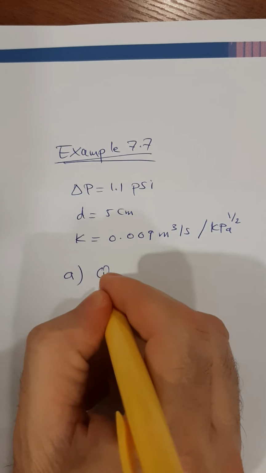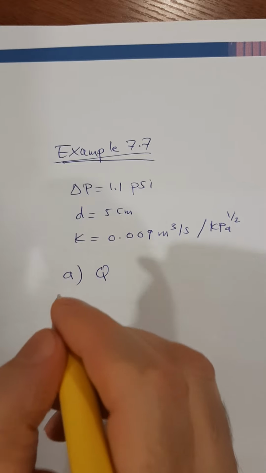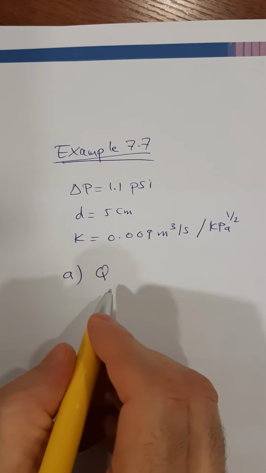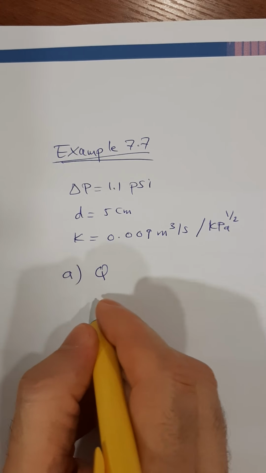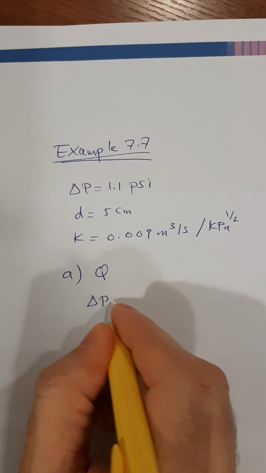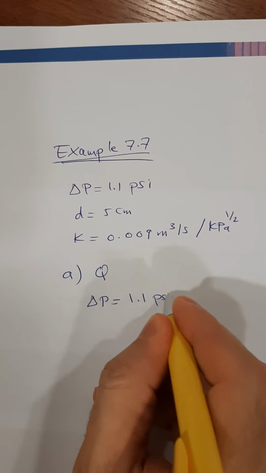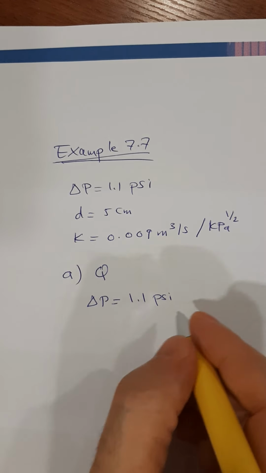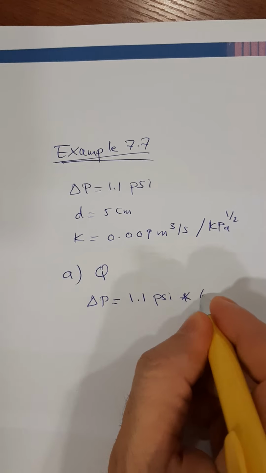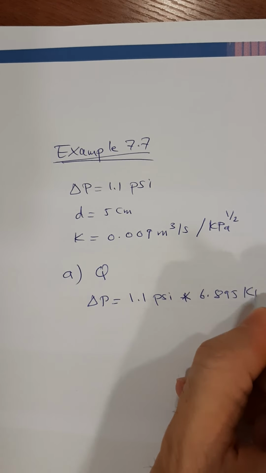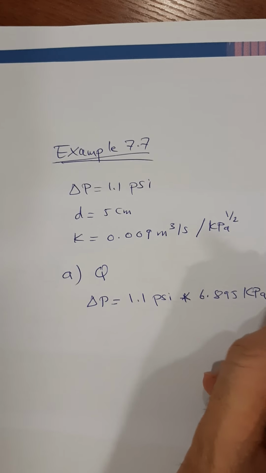So we need Q. Then we need to find the velocity. So first we need to calculate Q. Delta P is in psi, so we need to convert it to kilopascal, so we have to multiply it by 6.895 kilopascal per psi.